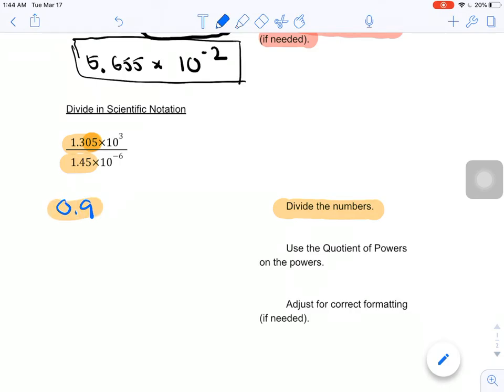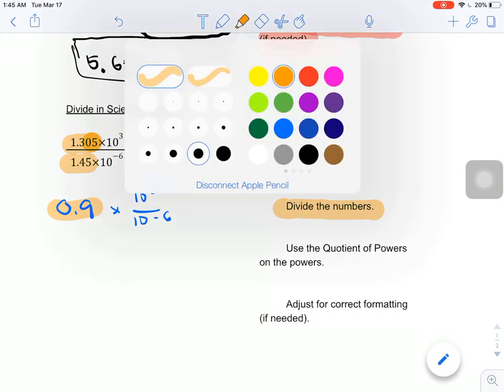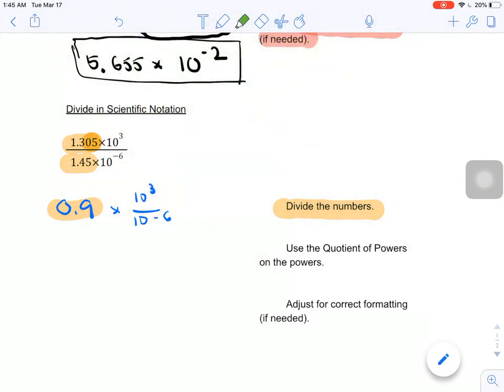But we still have this other part over here, these powers, that haven't been divided yet. Since those have the same base, we can use the quotient of powers rule that we learned. And that's the rule that says to divide two things with the same base, subtract the exponents. So now we're going to go through and use our exponent rules to get this part put together.